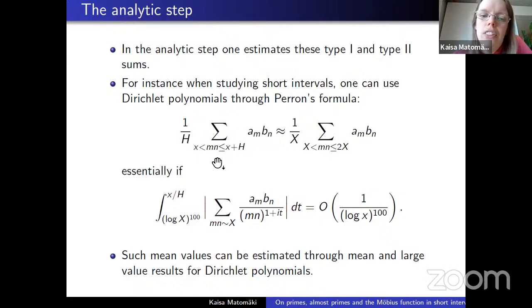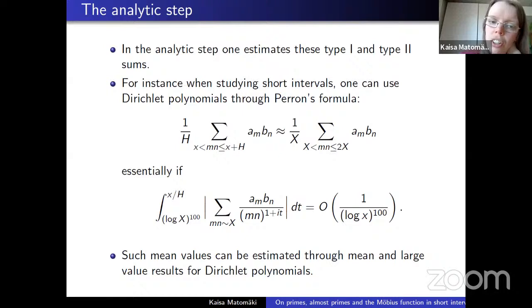And in this case, we can simply first put the sum over m outside, and then sum inside over n between x over m and x plus h over m, and sum once, because in case of type 1 sums, they equal 1. And then we can evaluate this sum over n's as h over m. And we actually get this identity if the support of a_m is at most h. So this explains why the type 1 sums are easier.